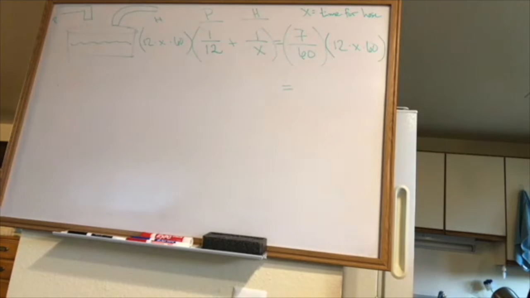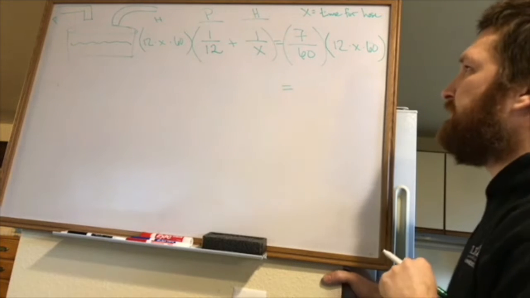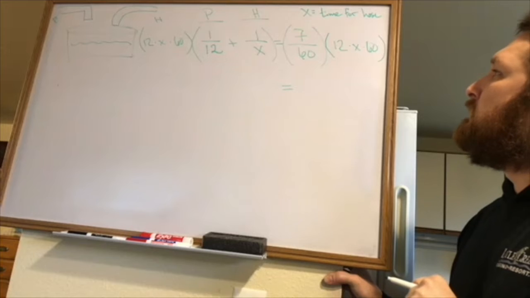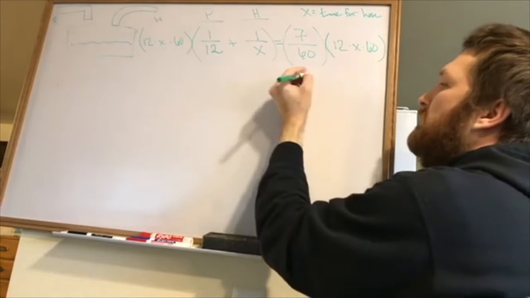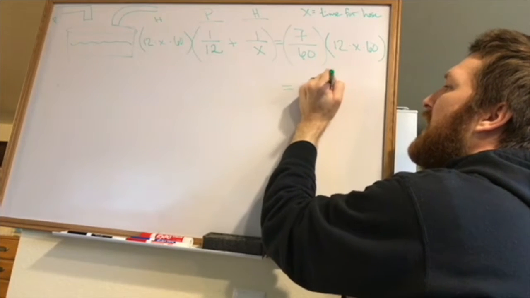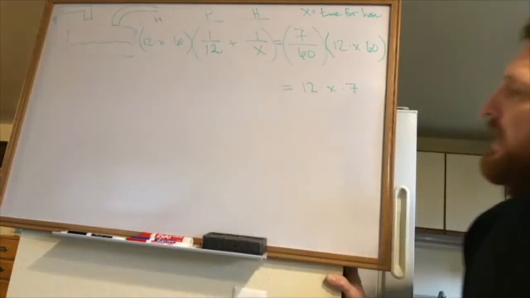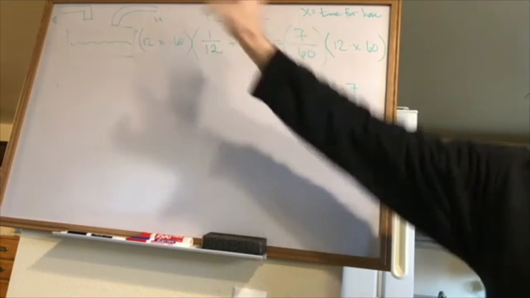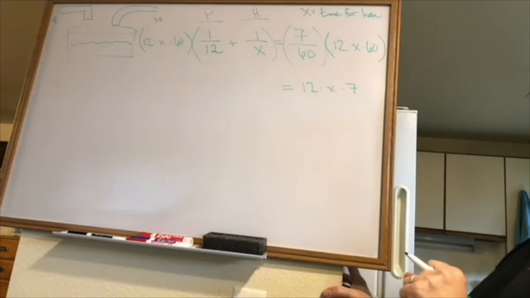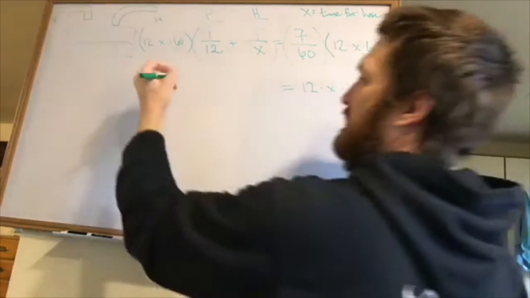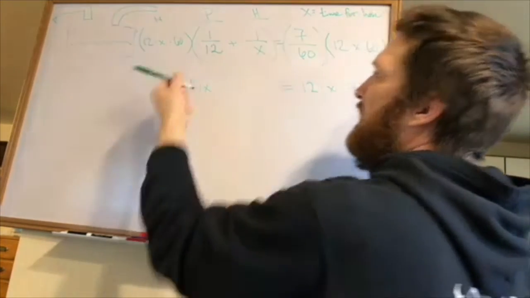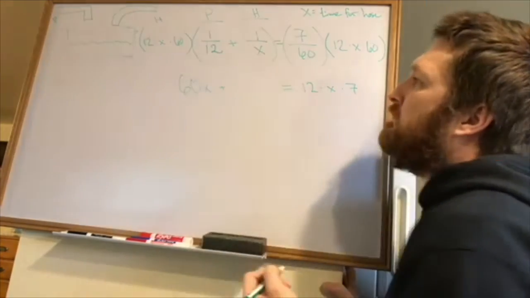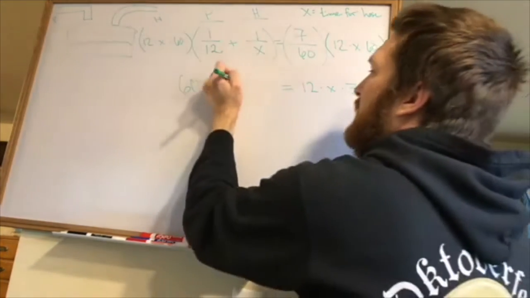Looks like the 60s cancel, and what's left over is 12 times x times 7. Now, on the left-hand side, this guy comes in. What cancels and what's left over? 60x is left over. And then that comes over and leaves 12 times 60.